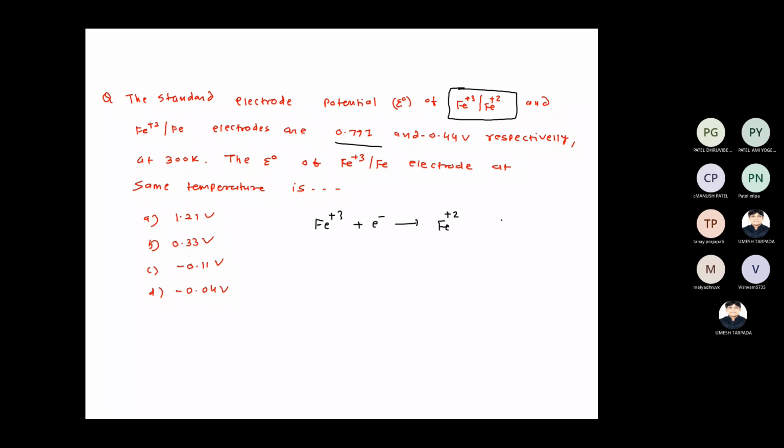So you can have the free energy change, delta G1 is equal to minus NFE cell. So here delta G1 is nothing but minus, 1 electron is there for this reaction, so it's 1 F, and the E cell value is given, 0.771.